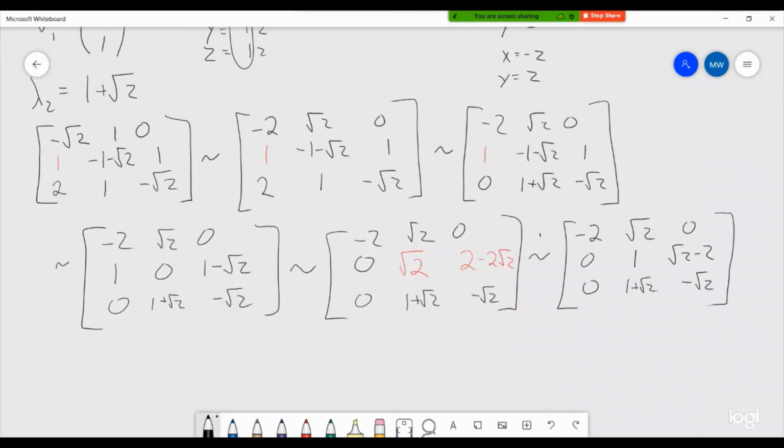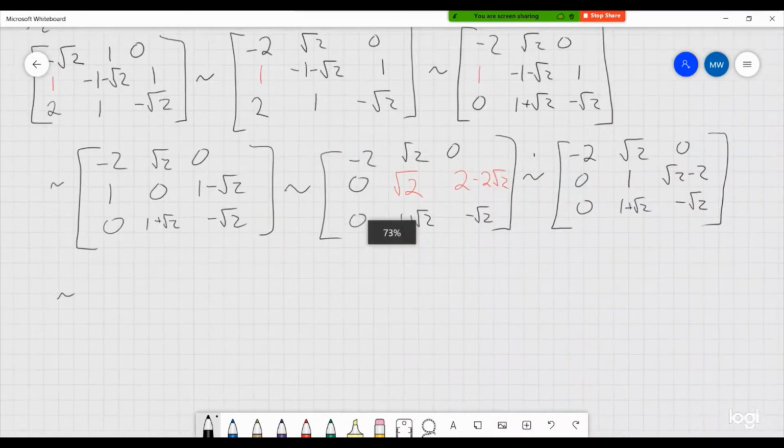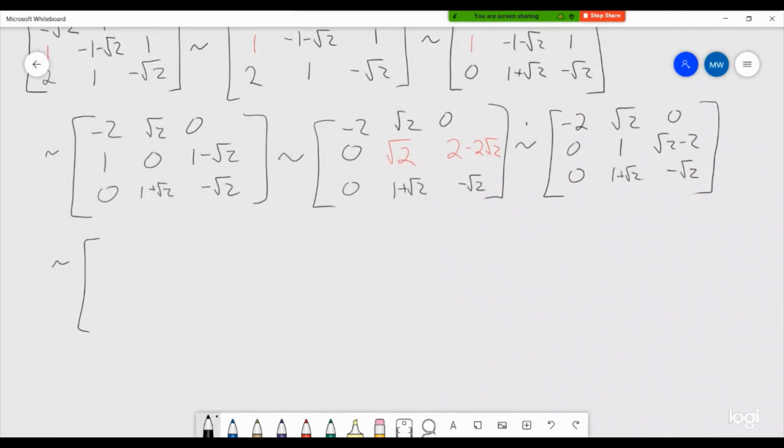So to get something to cancel, we're going to want to multiply the second row by 1 plus root 2. 0, 1 plus root 2, and then let's see, what is square root of 2 minus 2 times 1 plus the square root of 2?